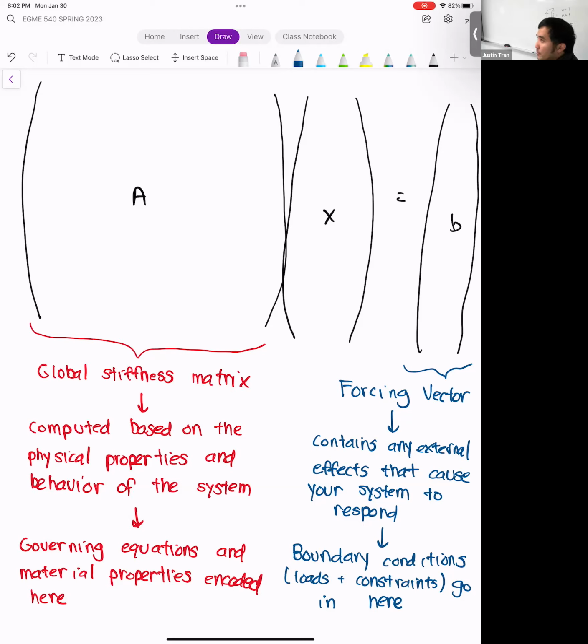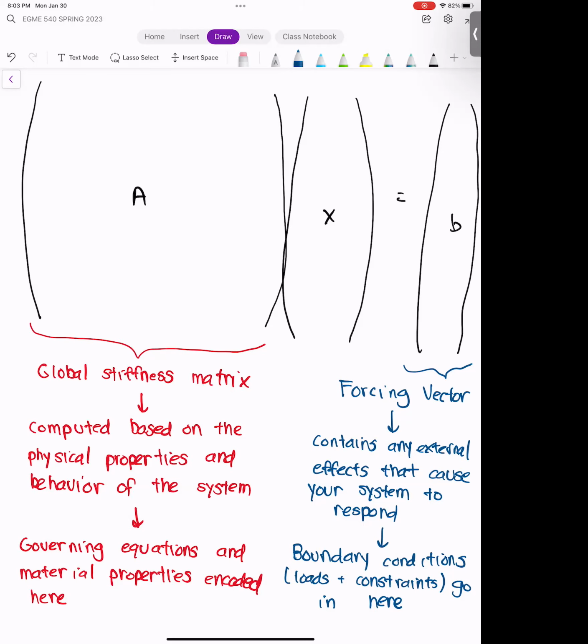We're not going to dive really into it in this class. If you're interested, you can take 541, where we really dive into it. But going from the differential equation to this matrix involves what we call the finite element process. Things like the material properties and the governing equations, FEA works on to compute this matrix here.